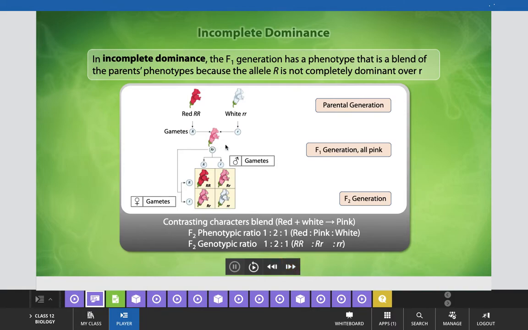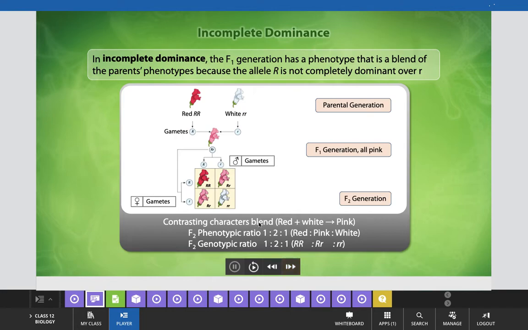in the F1 generation we got pink color flowers, and in the F2 generation the ratio is 1:2:1, which means three phenotypes are clearly seen here. One flower is red, one flower is white, and two are showing pink color.